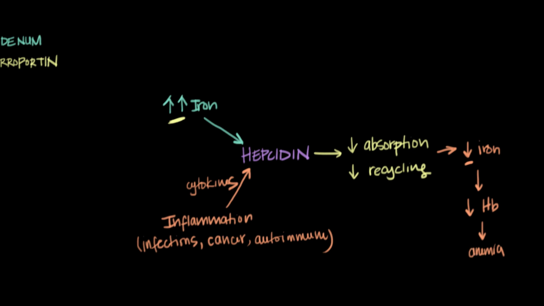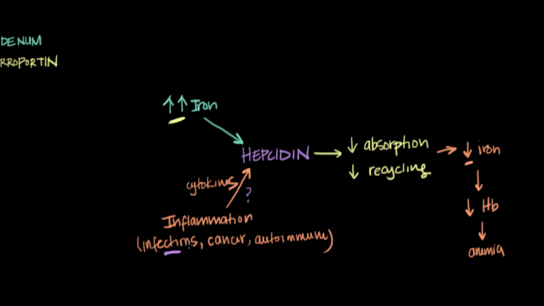Now, something we haven't really addressed very well is why you would want a decrease in serum iron in response to an inflammatory condition. Why does this pathway even occur? The response to that is really important. In conditions such as infection, bacteria thrive off of iron. They use it as an essential nutrient to grow.